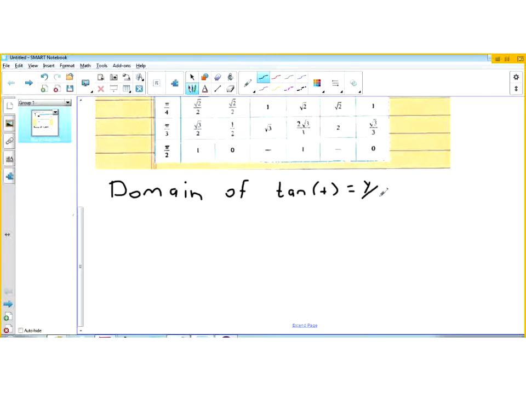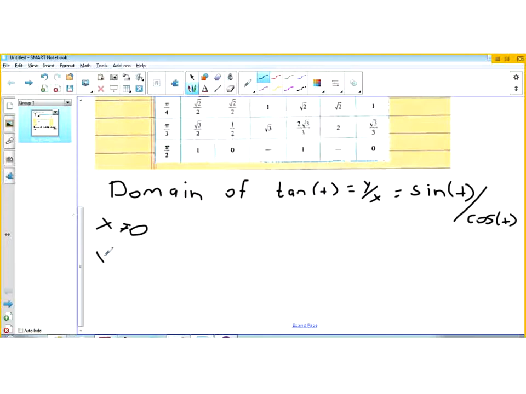So we know that the tangent of t is y over x, and so this originates from a composition, which is sine of t divided by the cosine of t. Okay, so there's your composition. So x can't be 0 for the tangent function.